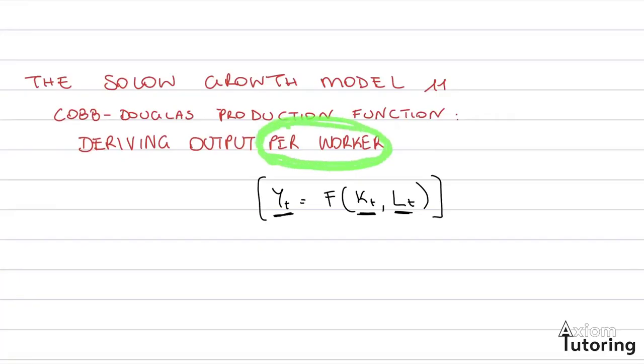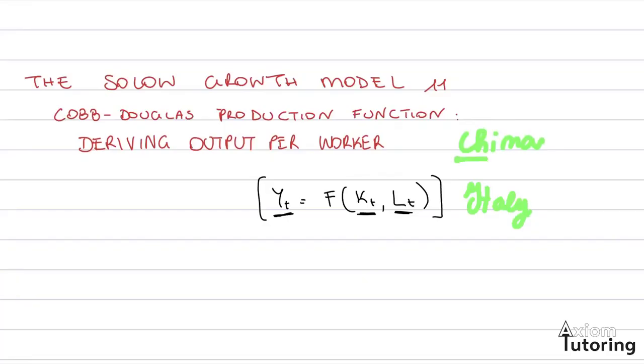So that we can account for different countries having different sizes. We cannot directly compare the economy of China, which has such a high population, with a smaller country such as, I don't know, let's say Italy. Italy has something like sixty million inhabitants, while China has more than a billion.